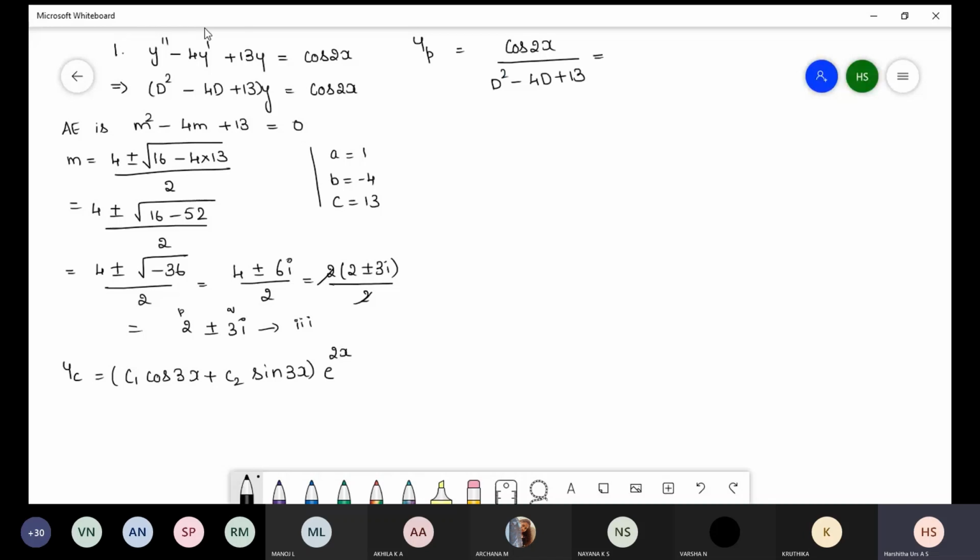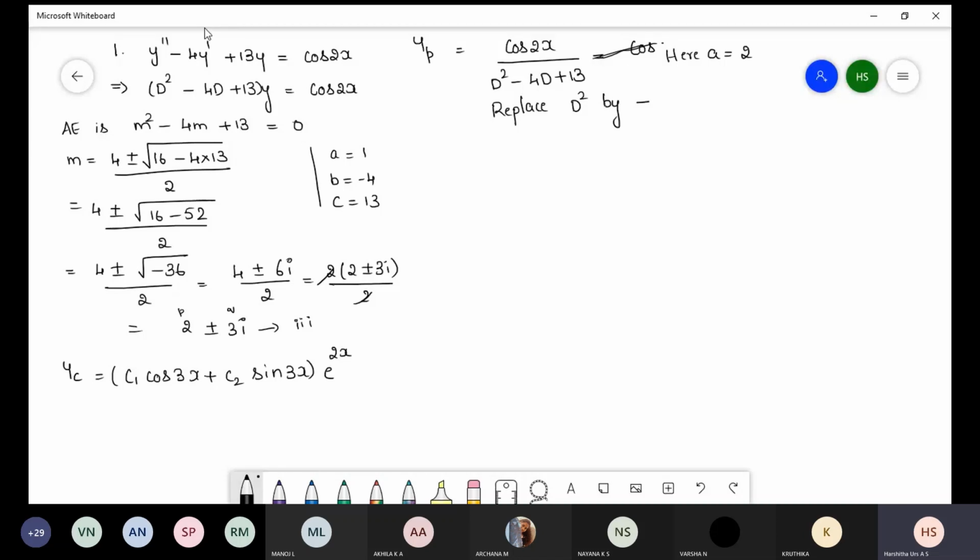So here, I replace D square by minus, what is our a value? a is equal to 2.